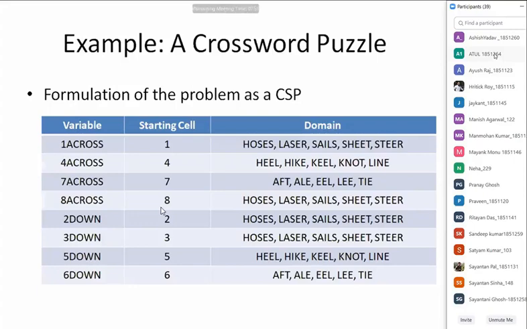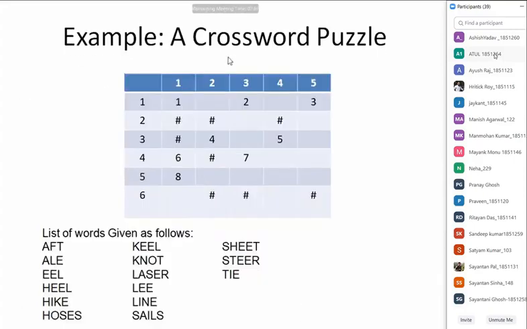Look, the reason is the one across clue, it has to have 5 letters in the word, right? 1, 2, 3, 4, 5.